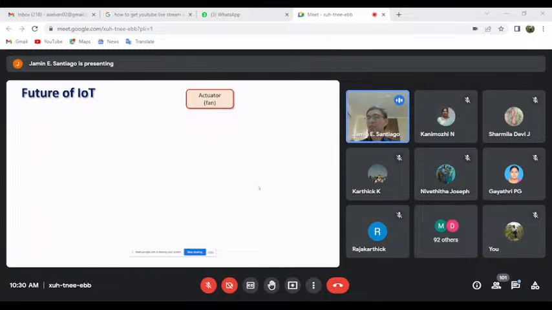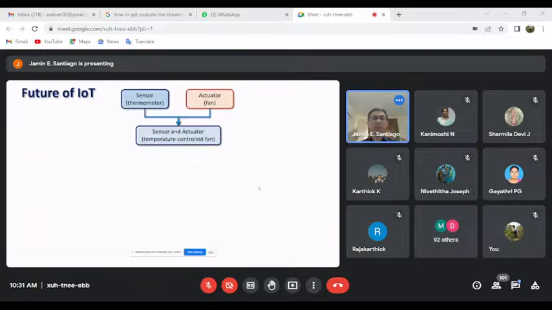Usually it actuates, it gives heat, it gives motion, it gives sound. So this will be the actuators. Now, this is of course not yet an internet connected device. What it needs is a sensor. So the actuator, which is a fan, we will put a sensor on it, a thermometer, and we combine them together to make sensor and actuator, which is a temperature controlled fan.